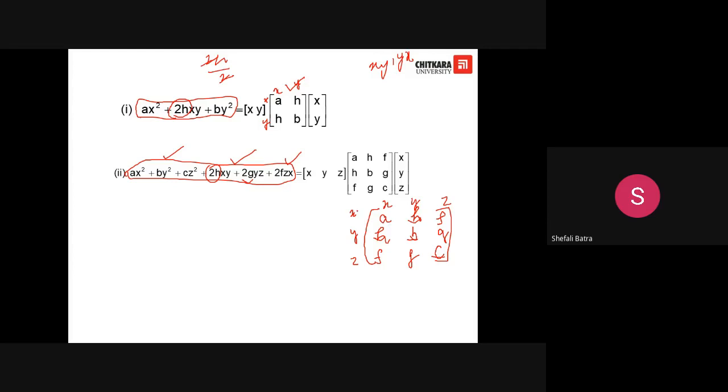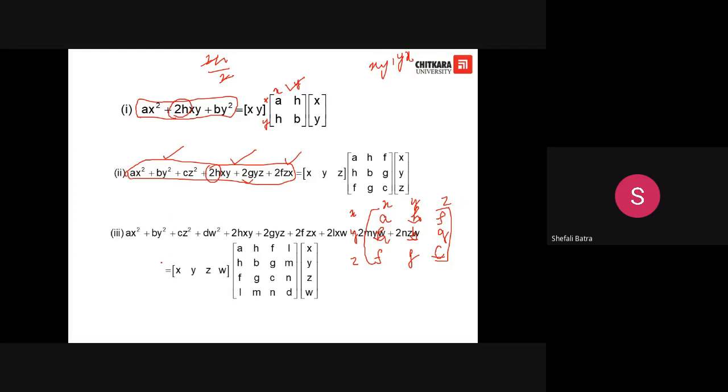So you'll write A x square plus B y square plus C z square plus 2h xy plus 2f zx plus 2g yz. You will read them corresponding to their places.